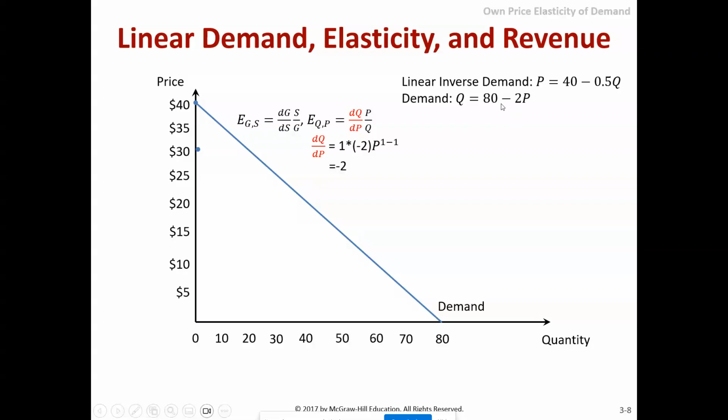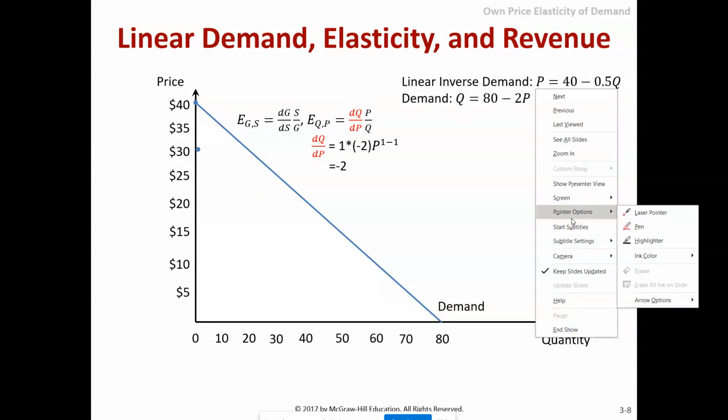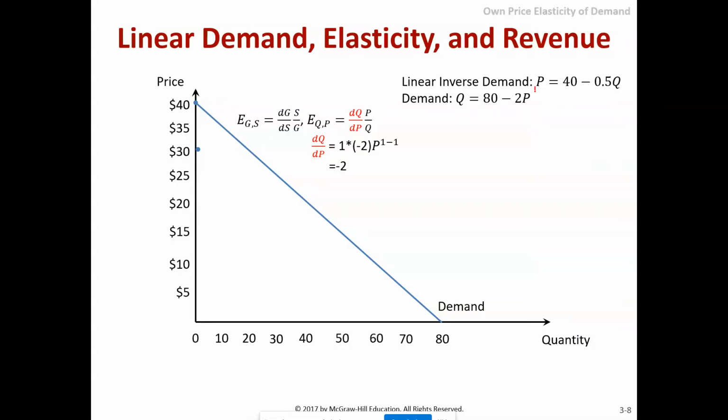We learned this in the taking-derivative video. 80 doesn't have any price, so just ignore that. For negative 2p, you can rewrite it as negative 2p to the power of 1. Then you move the power 1 up front as a coefficient, multiply by the original negative 2, then the original power 1 minus 1.